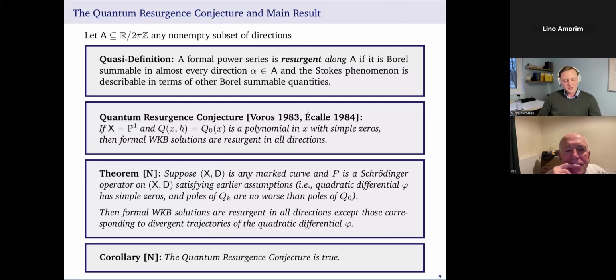They use the fact that normalized WKB solutions are resurgent, but they refer to Ecalle, okay. And then Ecalle's proof is not clear, to say the least.